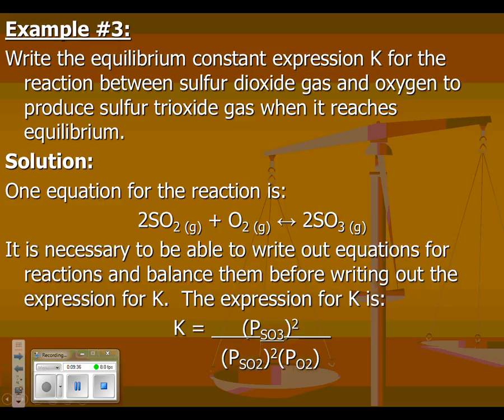Okay? Now, a big problem that I saw as a reader is kids would set this up right, but when they put the numbers in, they would go this squared divided by this squared times this. Where does that put this? Up here. So you've got to make sure you put the bottom in parentheses. Either that or put the bottom in first, get an answer, do 1 over x and multiply it by the top.